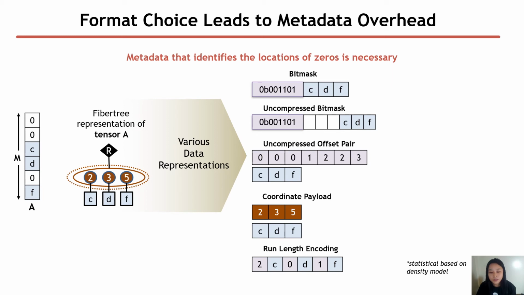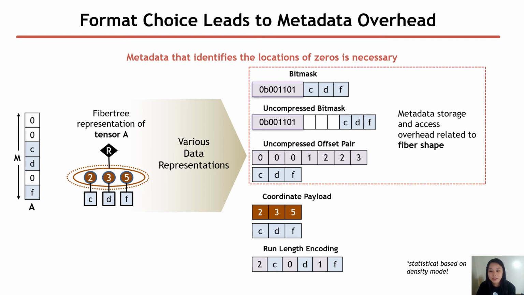So all of these data representation formats can be applied to the ranks of a tensor, and internally we could analyze how much extra space it takes for us to have this metadata stored or associated with a specific tensor. For some of them, we are able to derive the extra accesses and extra storage overhead by looking at the shape of the fiber, because as you can see, all of these 3 representation formats are not associated with the non-zero values in the fiber.